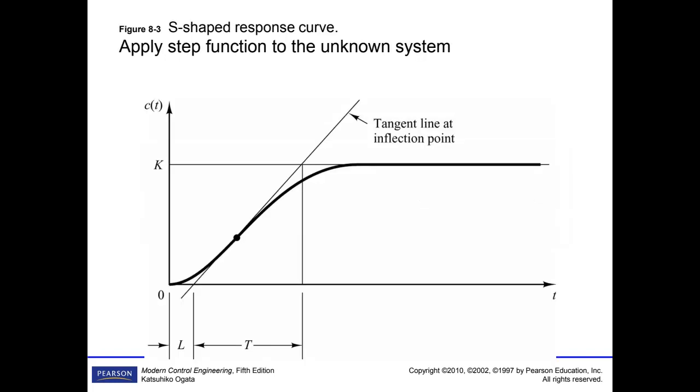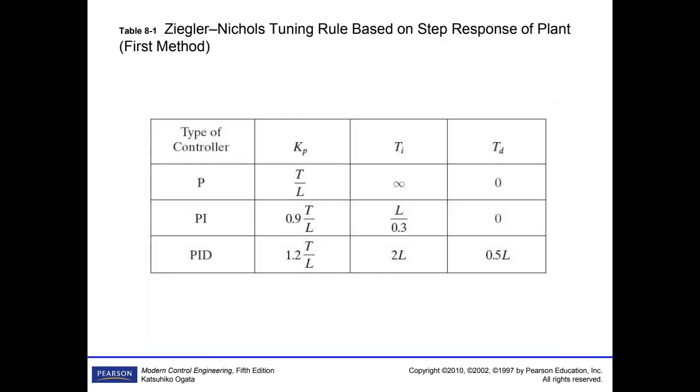Prepare a tangent line to this curve and measure the L here and obtain the T here. T is where the line crosses the step value. Then if you measure or calculate those, or in a model you can use it, for PID parameters you can use that table.